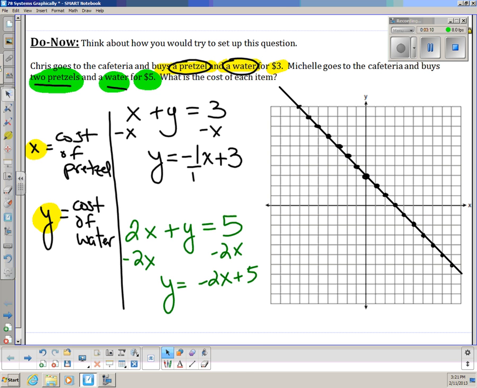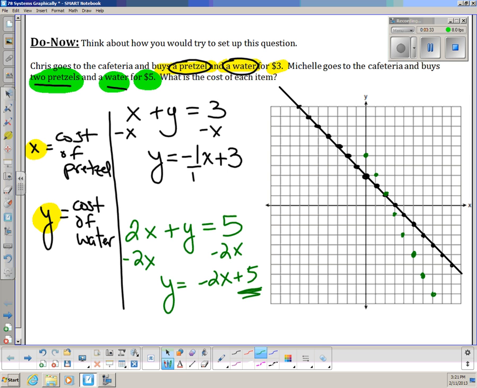Okay? And now I can graph the green line. And I can do it in the same fashion. At 5 here, I go up 5 on the y-axis. And I'll go down 2 to the right 1. Down 2 to the right 1. And keep doing that until I get the general picture here.